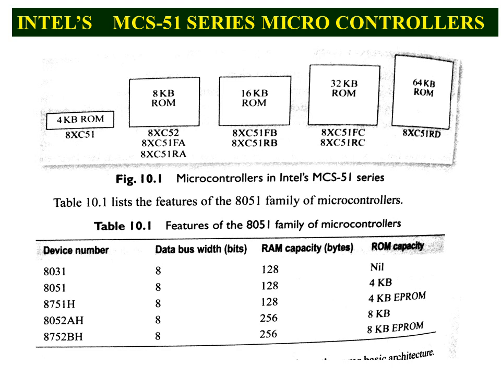Now see the sizes given: 4 KB of ROM in the 8XC51 microcontroller, 8 KB ROM in 8XC52, a 16 KB ROM, a 32 KB ROM, and a 64 KB ROM in the series. Here X is nothing but the series number.